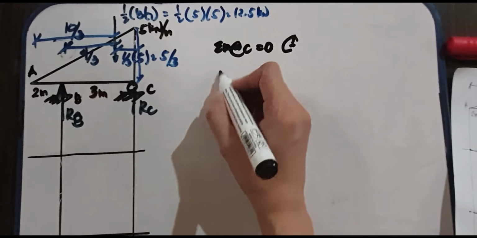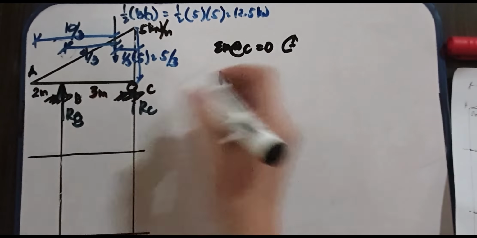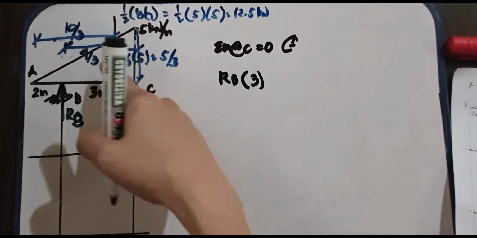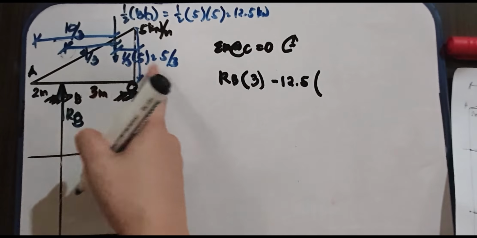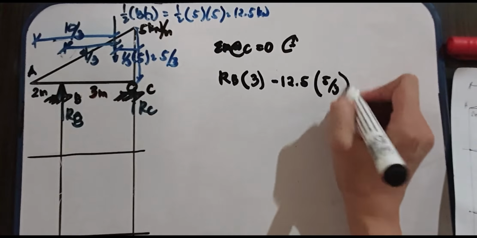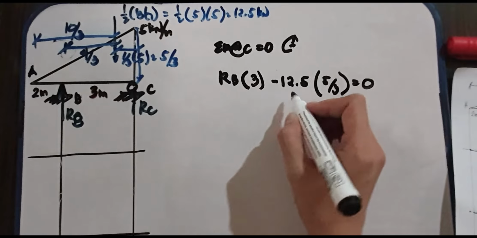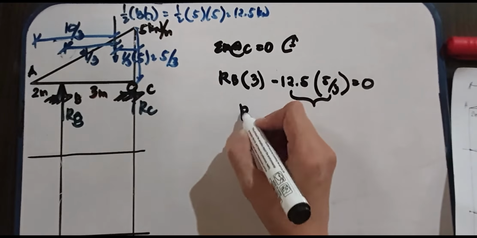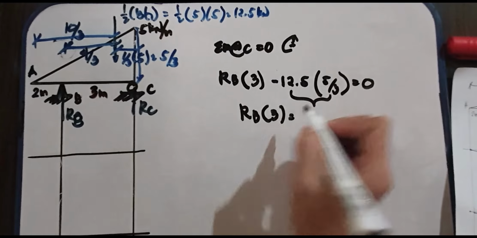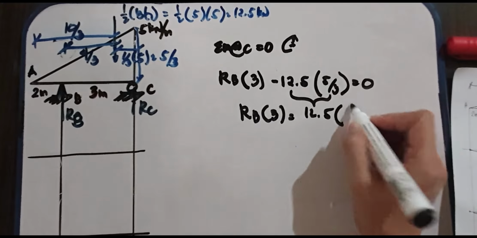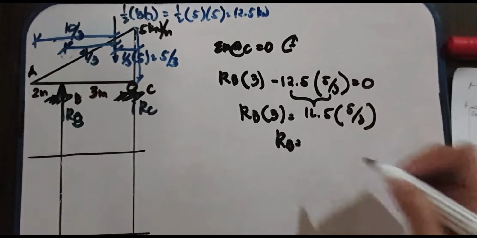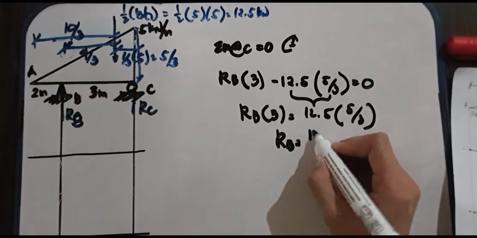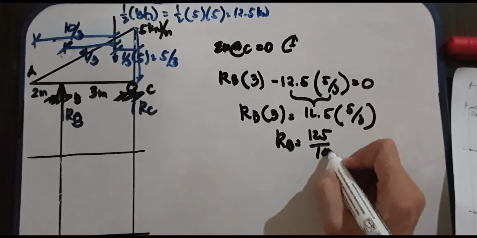We have RB multiplied by this distance, which is 3, minus the resultant, which is 12.5, multiplied by this distance, 5 all over 3, is equal to 0. So, let's just transpose. We have RB times 3 is equal to 12.5 times 5 all over 3. Therefore, RB is equal to 125 all over 18.